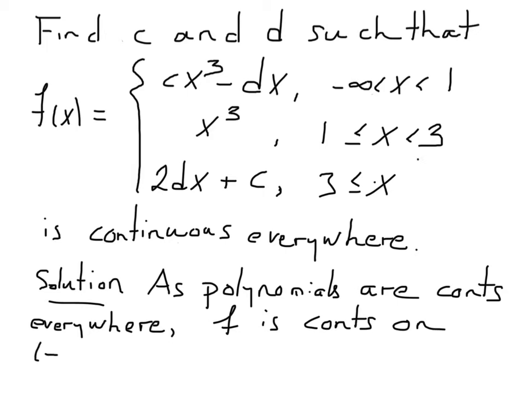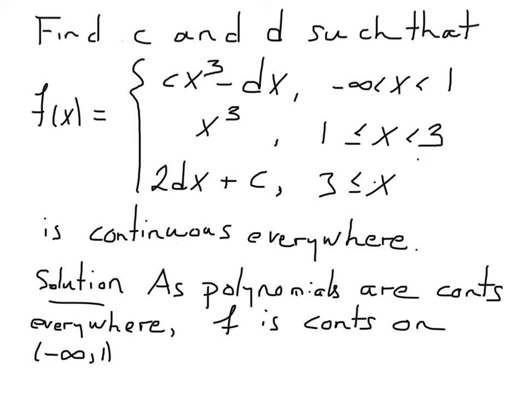Minus infinity to 1, open, all right? For x less than 1, f is described by this polynomial function, and the polynomial function is necessarily going to be continuous for x less than 1. So regardless of what c and d are, this function is going to be continuous for x less than 1. So f is continuous on minus infinity to 1.